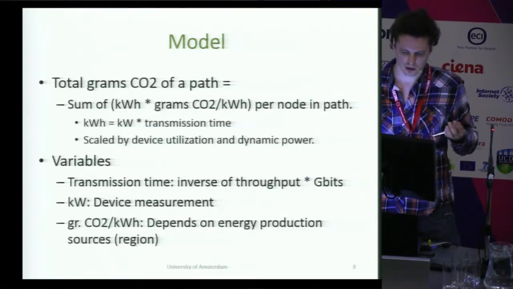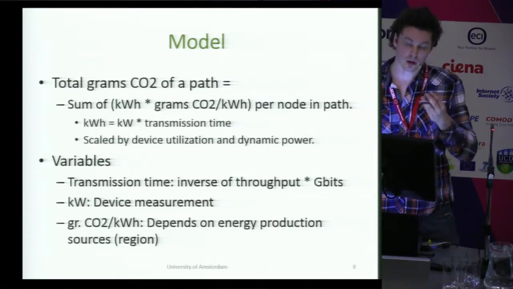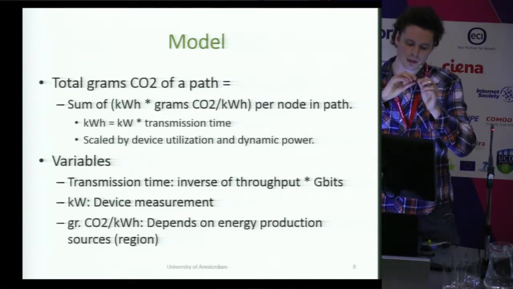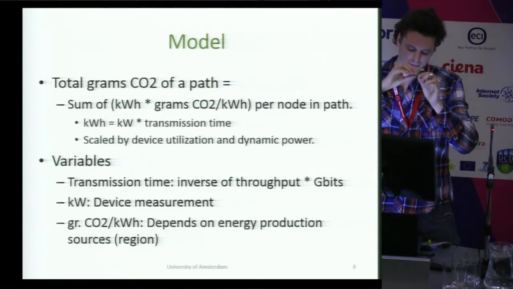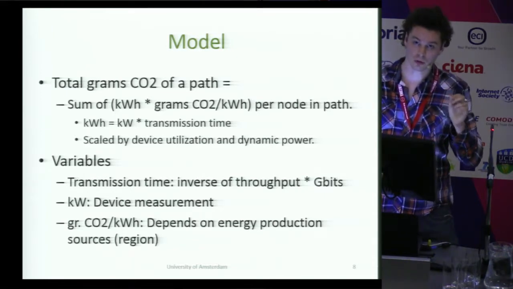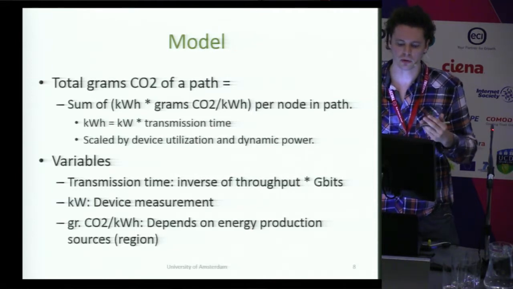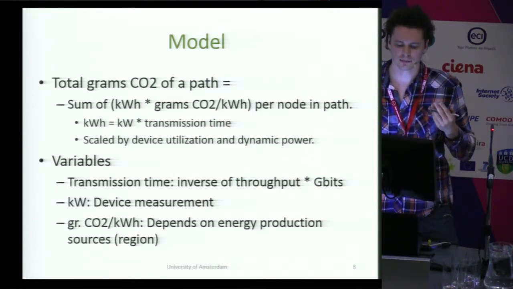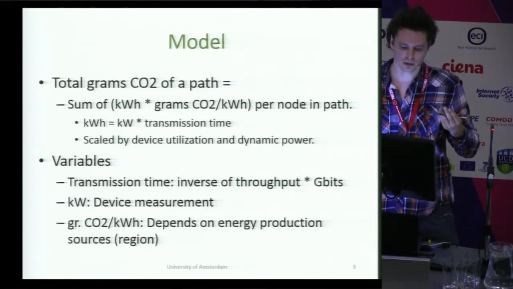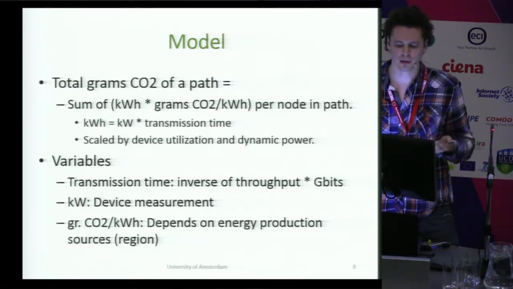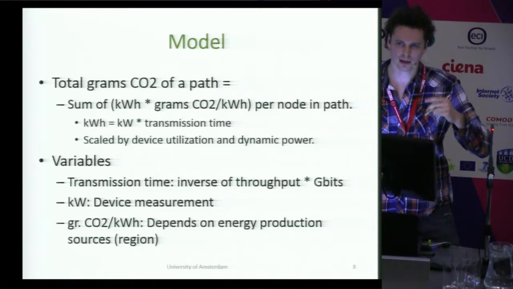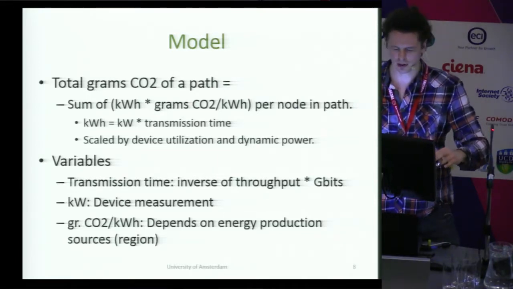So the model is that each path goes through a certain number of nodes, devices. For each of them you have to know the power consumption, as well as the amount of CO2 emitted per kilowatt hour in the region where the node is located.